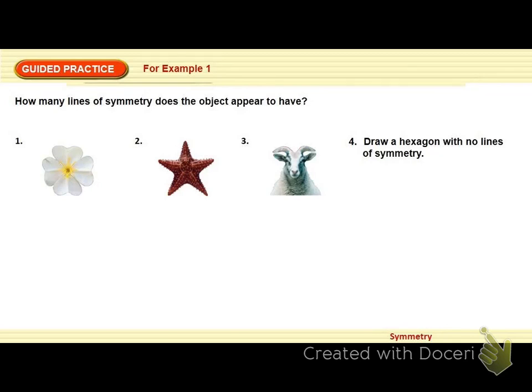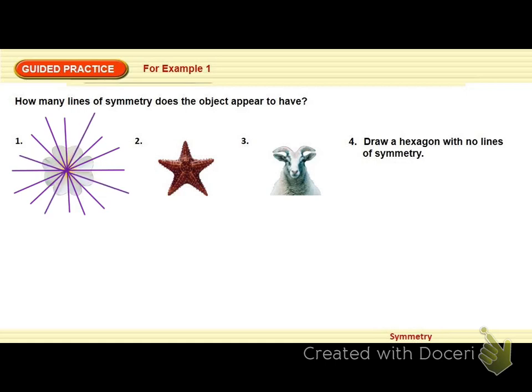In the case of the flower, close enough, because it's a flower, we can go through there and then through in between the petals. But then pretty close and close enough, we could actually go through pieces of those petals and still get this guy to map onto itself. It wouldn't be exact, but it'd be awfully close. So this guy ends up having 8 lines of symmetry.